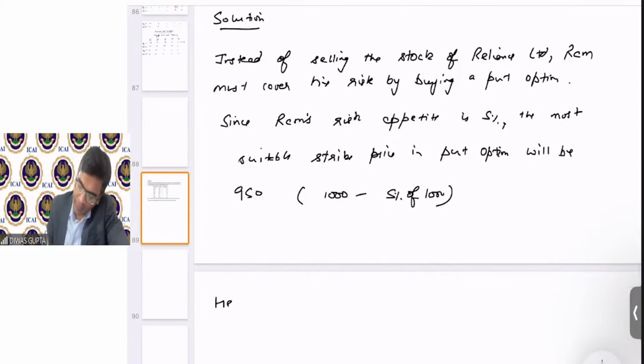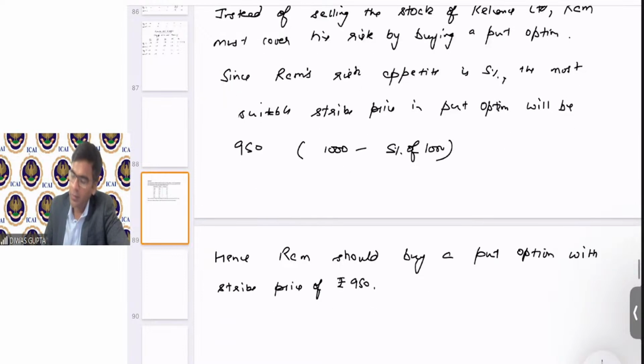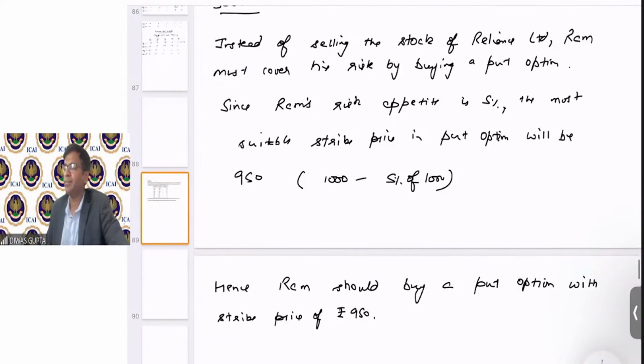Hence, Ram should buy a put option with a strike price of rupees 950.